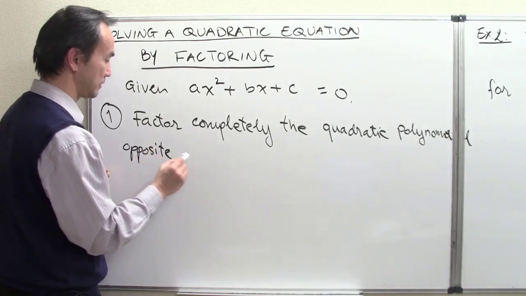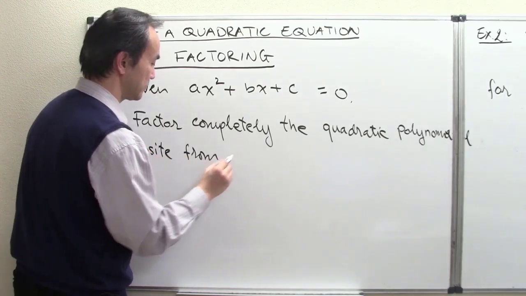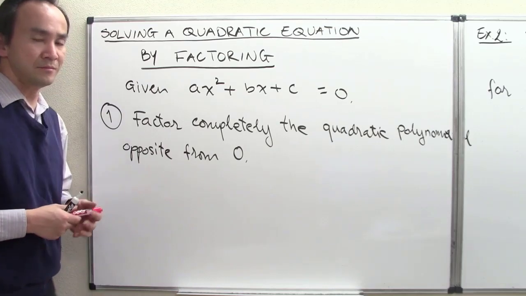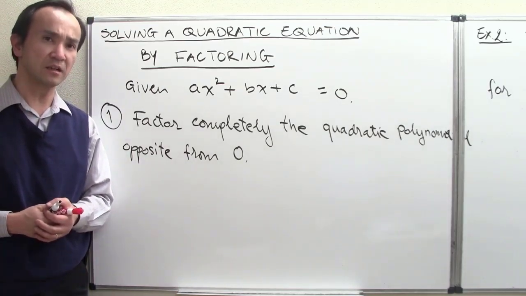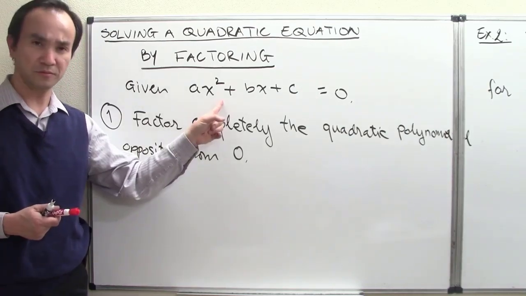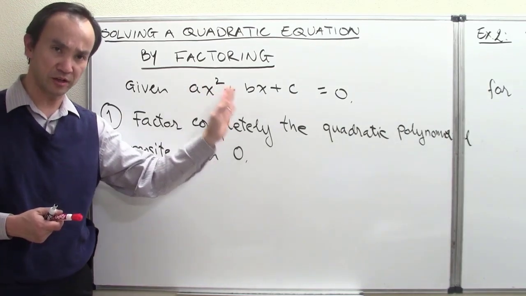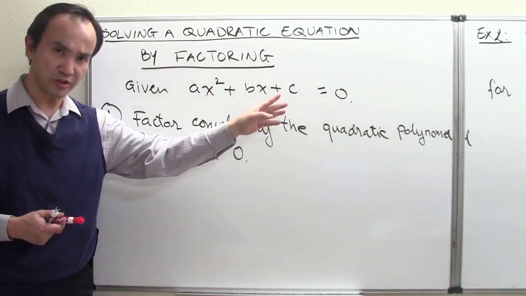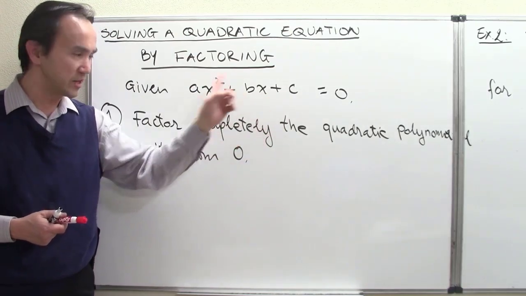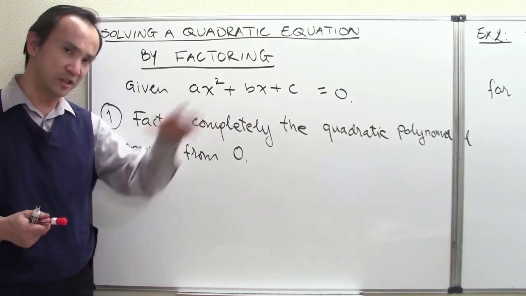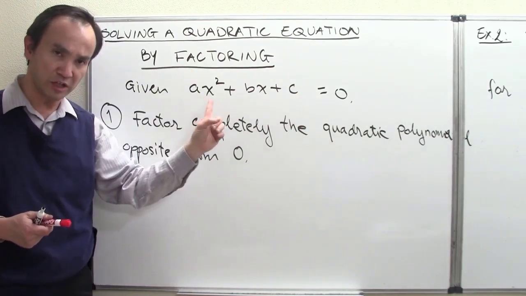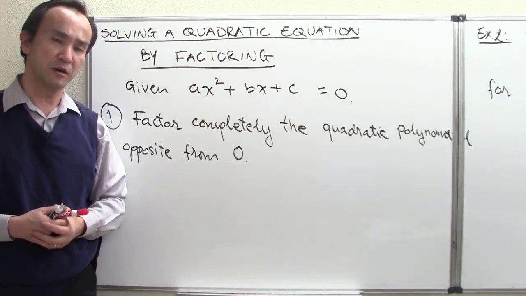opposite from 0, because I hate always saying the left-hand side. Once you have put your quadratic equation in standard form, 0 may be on the left-hand side and the quadratic polynomial on the opposite side, or 0 can be on the right-hand side and the quadratic polynomial on the left-hand side.